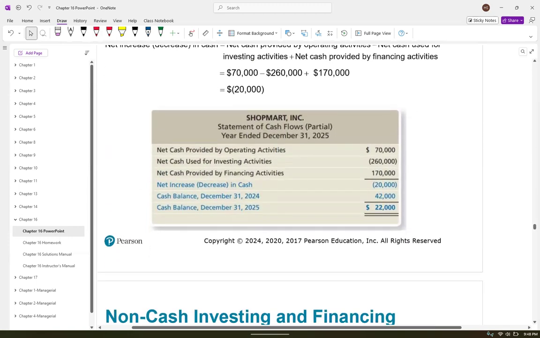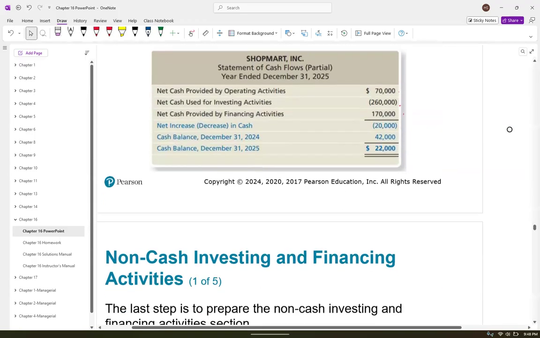The first thing you're ever going to do when you're working a problem like this, grab that cash and stick it down there in those last three lines. There's 3 points you get, and you may not even have a clue what you're doing. So do that first, and then you can see right here in a very summarized form our operating, investing, and financing. They all three equal the negative 20,000.